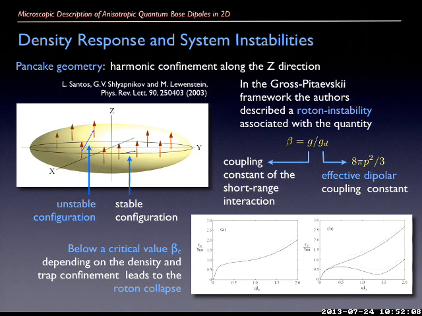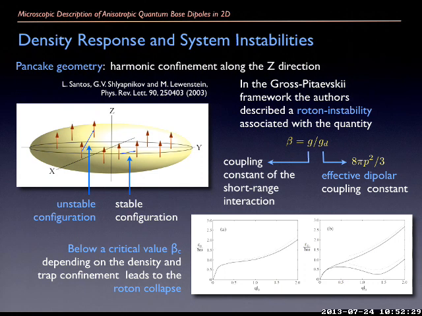But what they found is that depending on the ratio of the effective dipolar coupling constant, which they define as essentially proportional to the square of the dipolar moment, and the coupling constant of a short range interaction that they put, the spectrum of elementary excitations can change quite a lot.